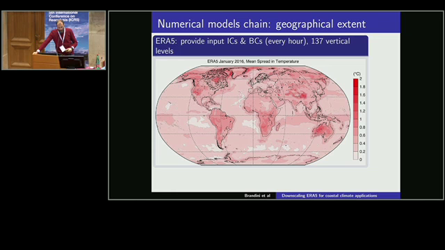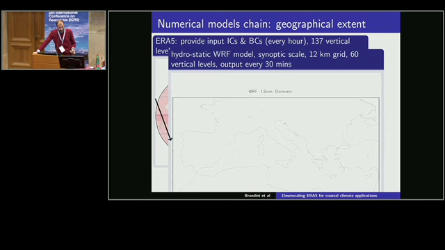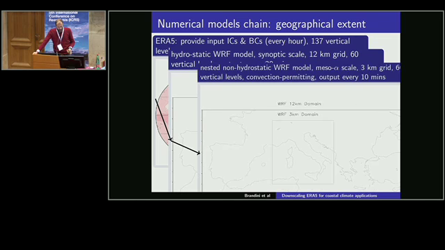This is the description of the numerical model chain that we already implemented as a first trial. ERA5 will provide initial and boundary conditions every hour by using all the vertical levels. We are going to run a first WRF simulation, an atmospheric simulation at synoptic scale, 12 kilometers of resolution, with output every 30 minutes.